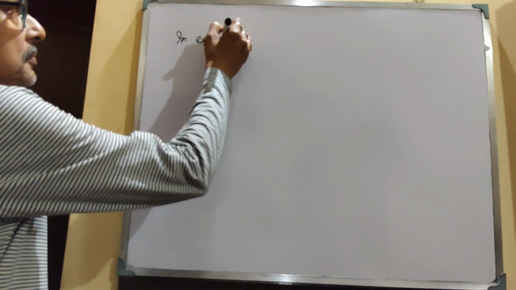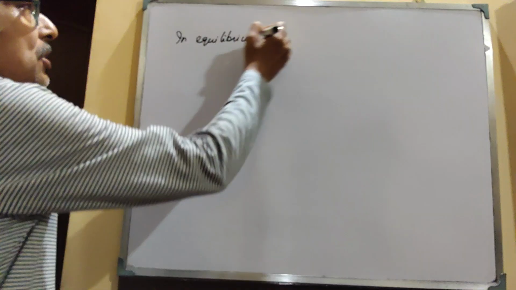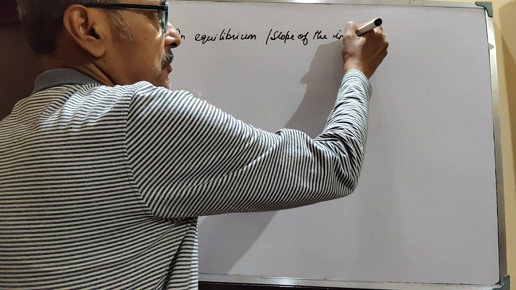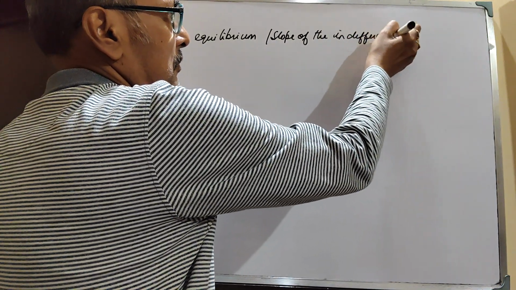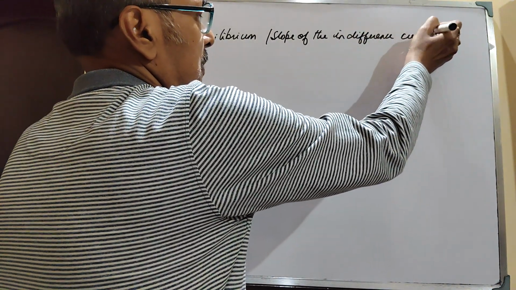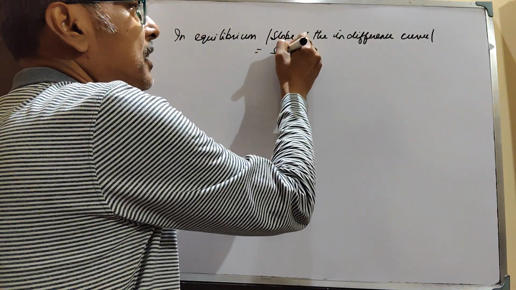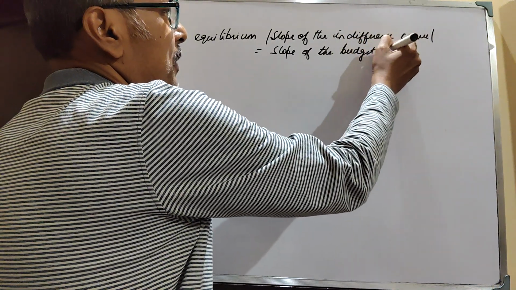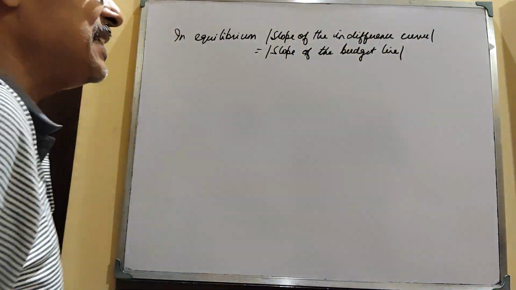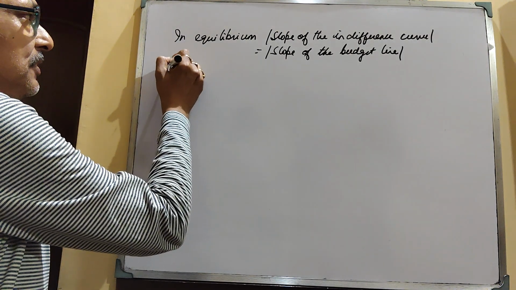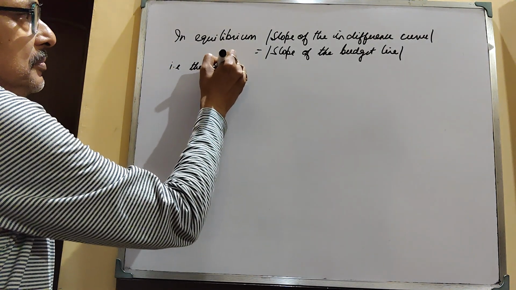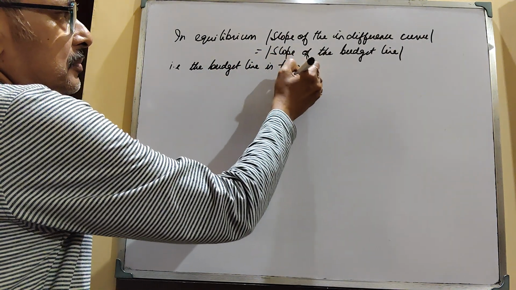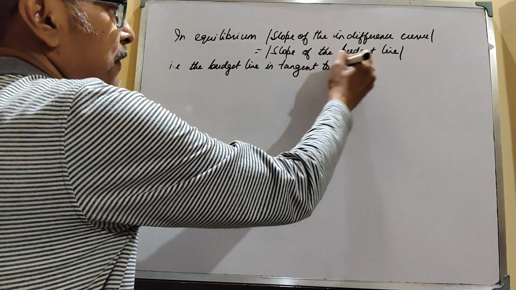In equilibrium, the absolute slope of the indifference curve equals the absolute slope of the budget line.